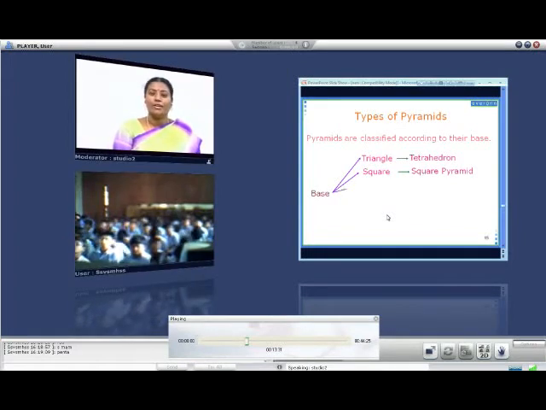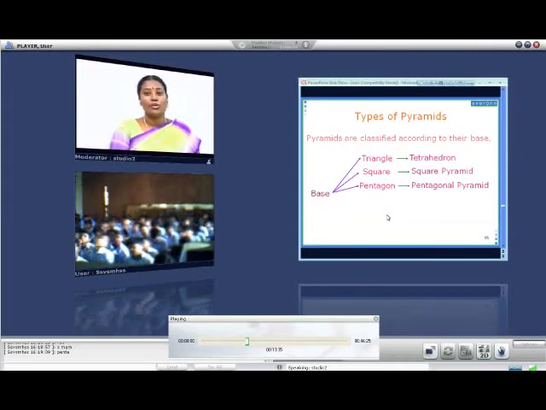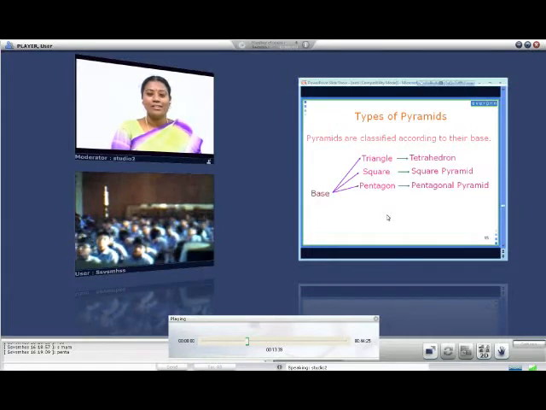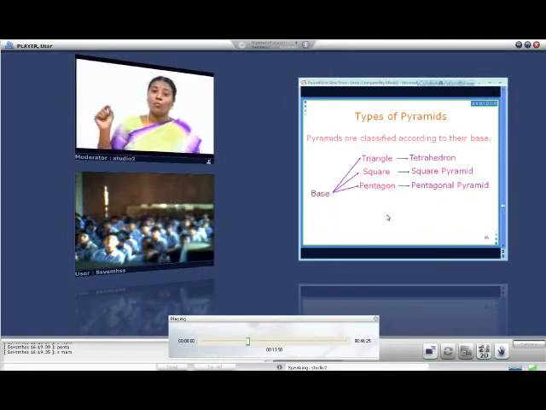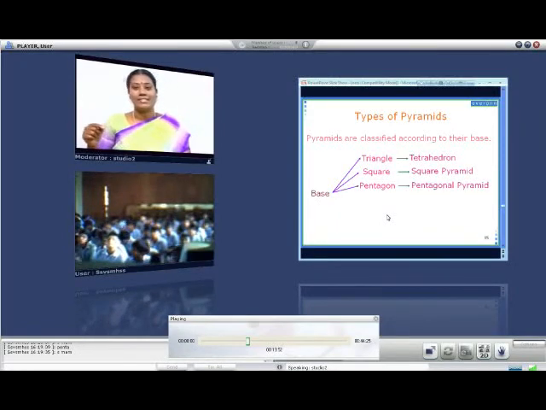Here you get the base as a pentagon, and so it is called a pentagonal pyramid. Are you clear? See how according to their base you can classify your pyramids. It is enough if you identify the base of the pyramid, you can name what pyramid it is.